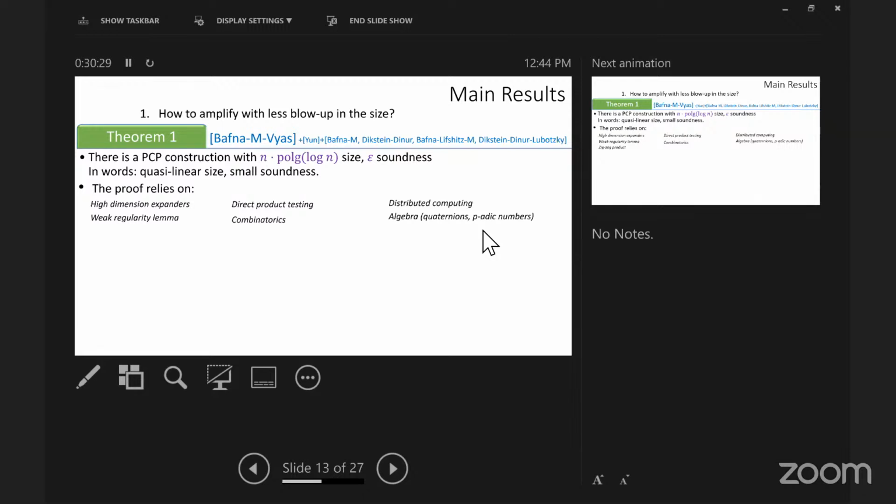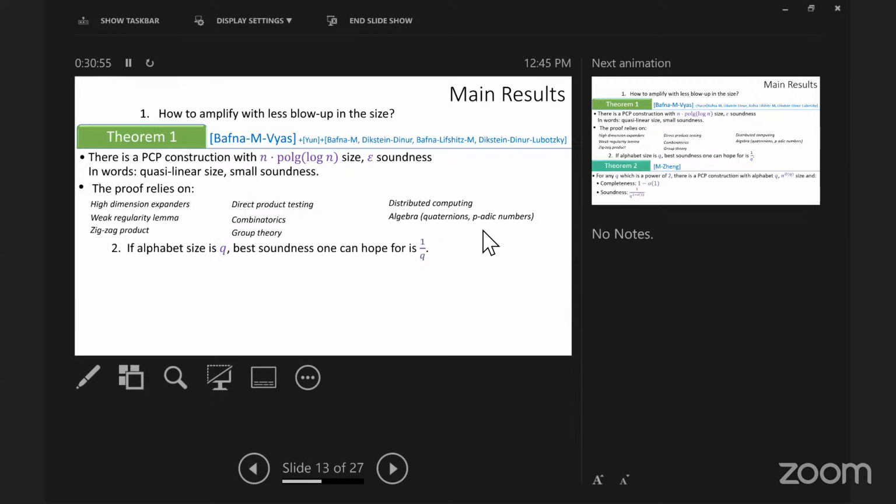It relies on some algebra, in particular some quaternions and p-adic numbers. It's some cool stuff. Also graph products, and again, you have to know some group theory, which I don't. So these are the tools that go into this proof. And I'm going to tell you a little bit about some of them.